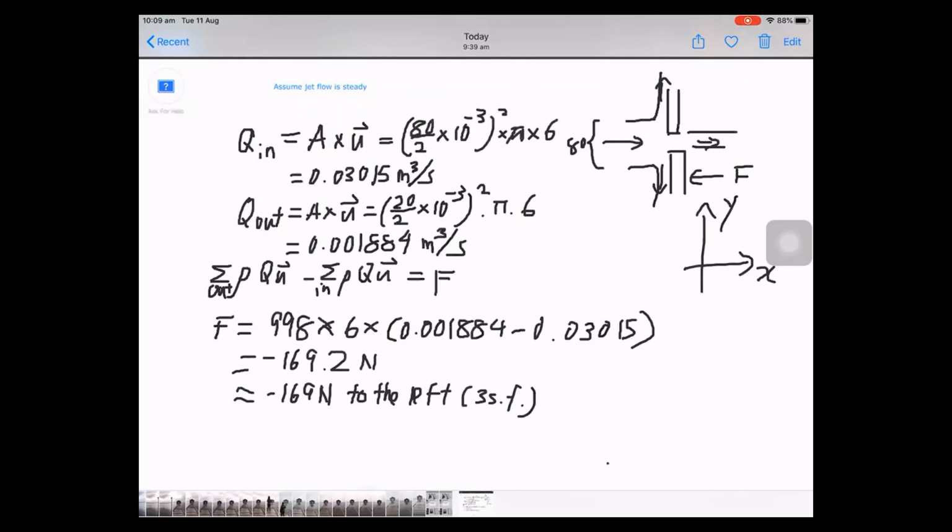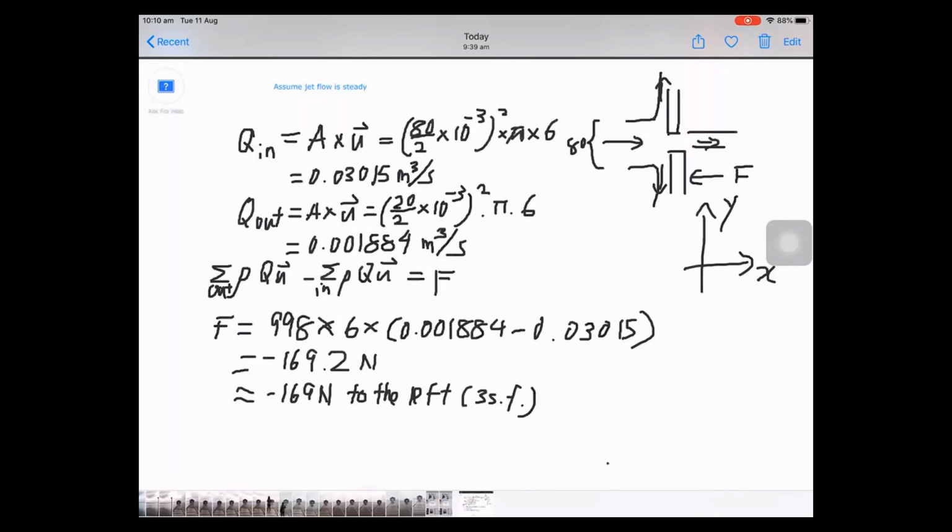And the density remains the same. So over here, we just need to consider the difference in flow rate when it comes in and when it comes out. That's why we get this equation for F equals density times velocity multiplied by the flow rate out minus the flow rate in.